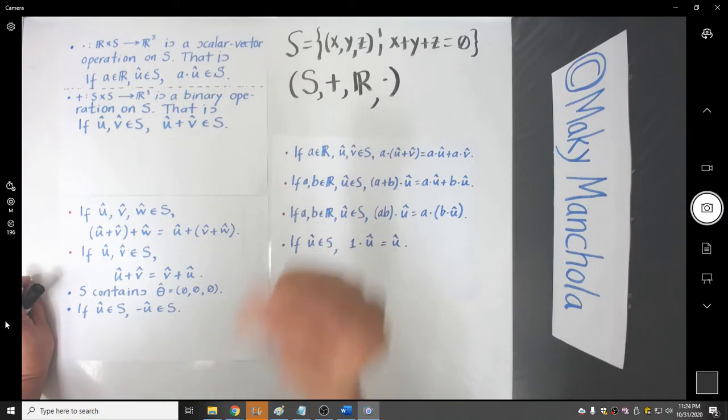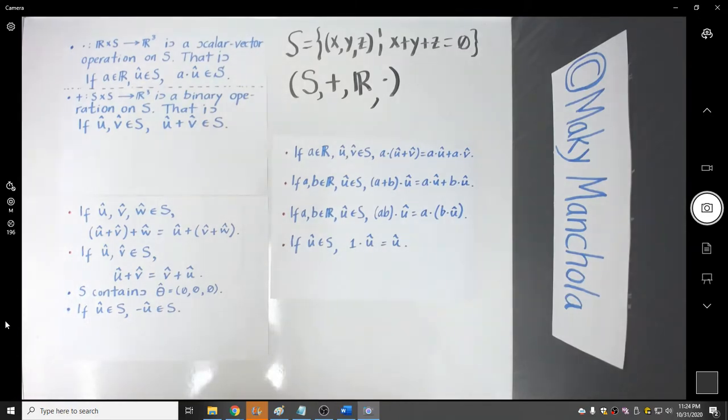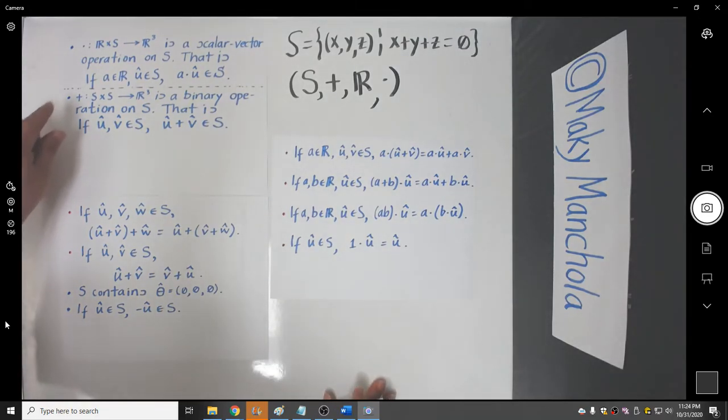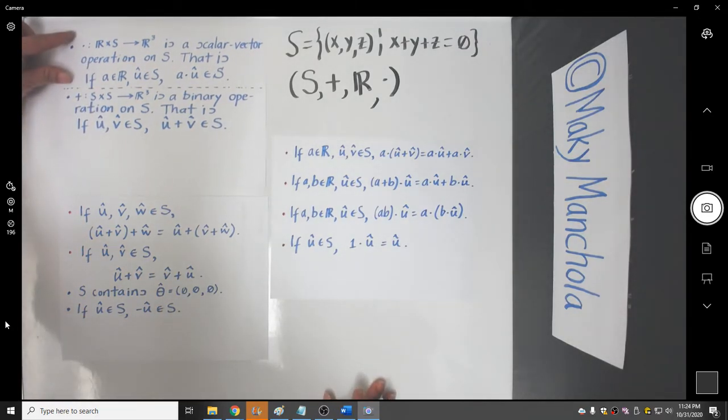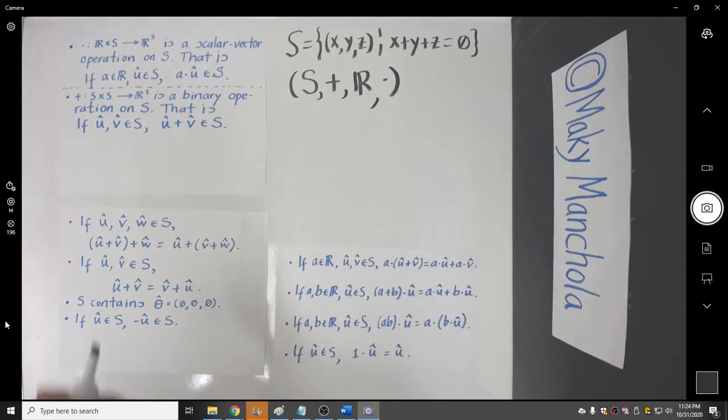But do we know the same thing holds for elements of S? That needs to be confirmed. So we need this property. We can call it closure of scalar multiplication. Okay, so let's confirm that right now.